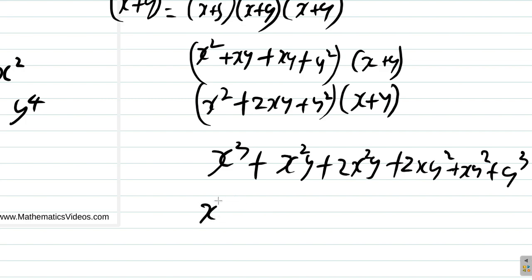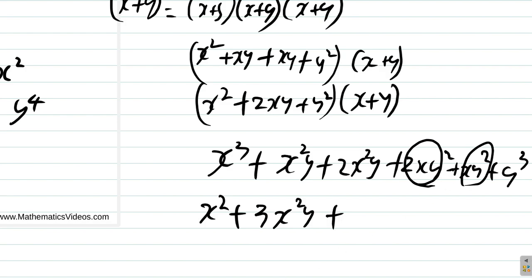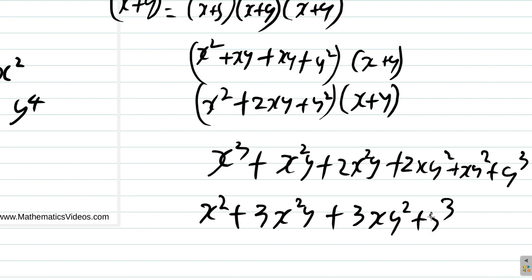So what you have is x cubed plus, alright, you have an x squared y here. Any more x squared y? You have another x squared y here. Two more. So you have 1x squared y plus 2x squared y gives you 3x squared y plus 2xy squared plus 1xy squared would give you 3xy squared plus y cubed.